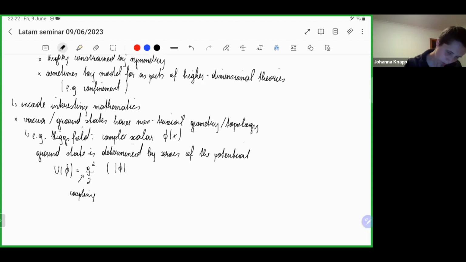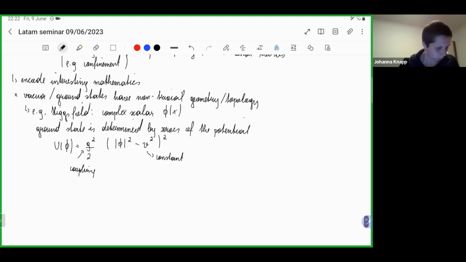Phi is a complex field, so you have the modulus squared, and you have some parameter v, which, if you do the theory of the Higgs field, you will know is related to the mass and the coupling. For me, this will just be a constant. This is the potential, and the ground state is determined by the condition that we have a minimum.